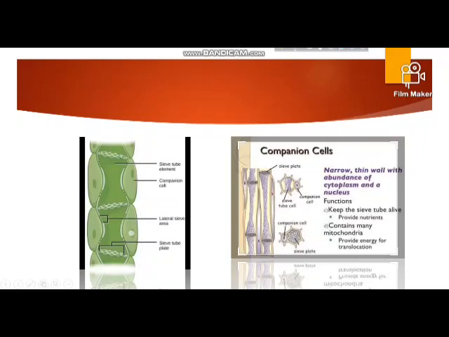This limits their function to just transporting the food material. Then come the companion cells. The companion cells are located on the sides of sieve tubes. They help the sieve tubes in the conduction of food material. They are smaller than the other cells and have prominent nuclei.